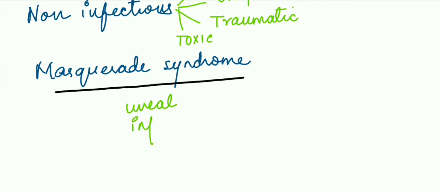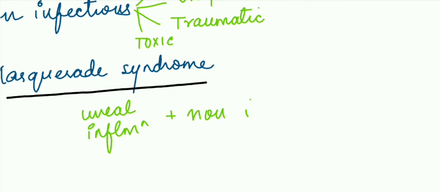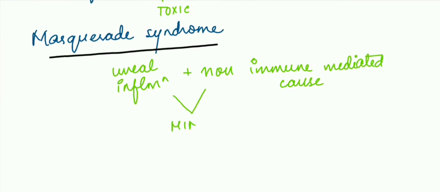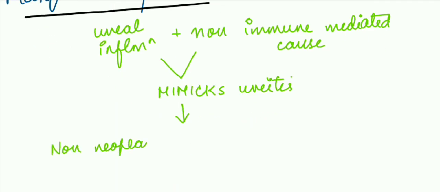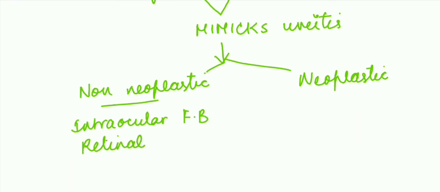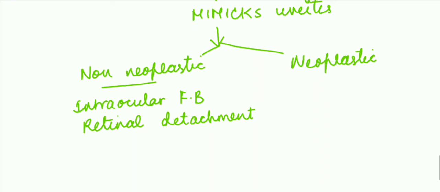Here we have uveal inflammation due to a non-immune mediated cause. This mimics uveitis. It can be because of a non-neoplastic cause or a neoplastic cause. Under non-neoplastic, we have intraocular foreign body, retinal detachment, ocular ischemic syndrome.